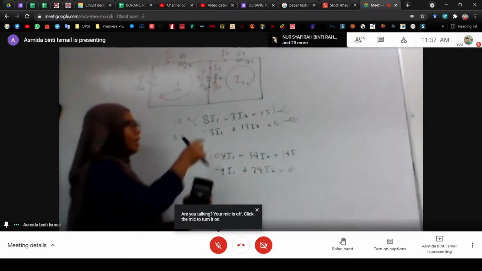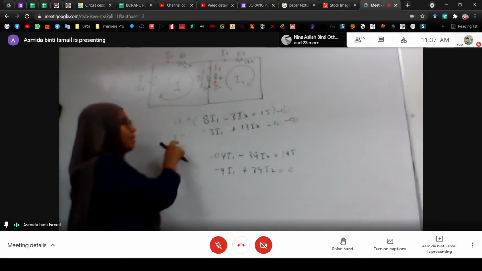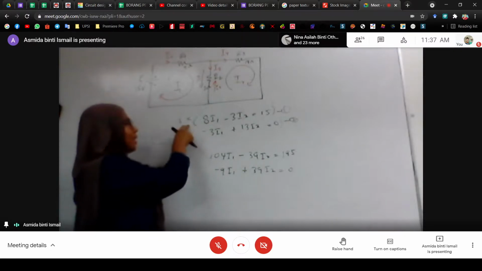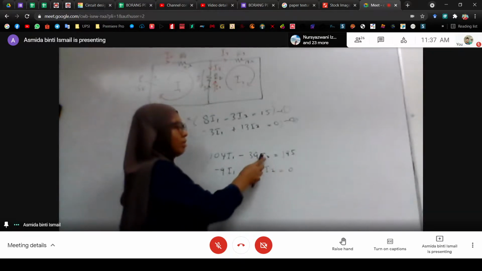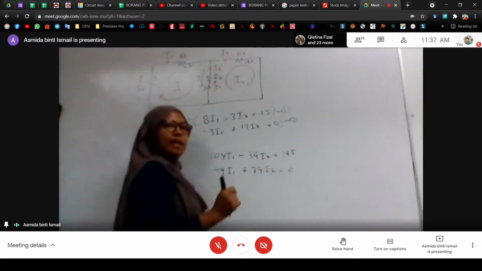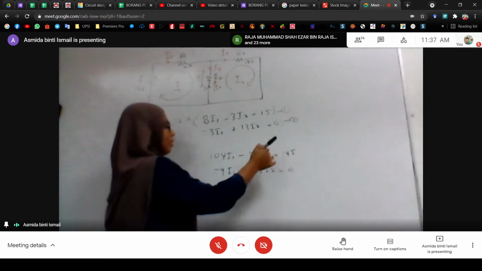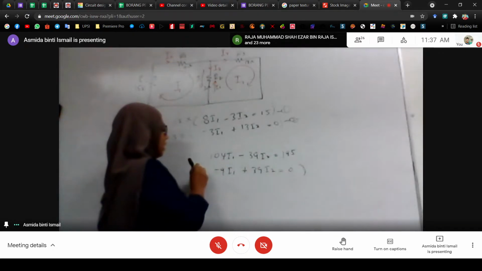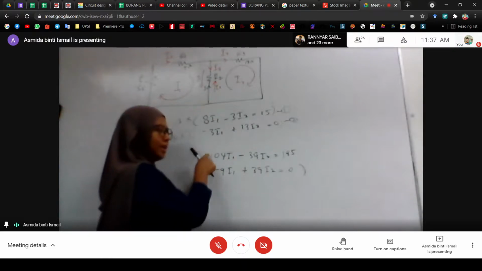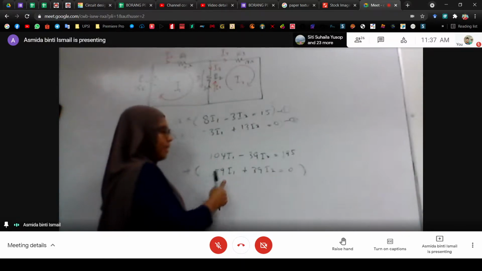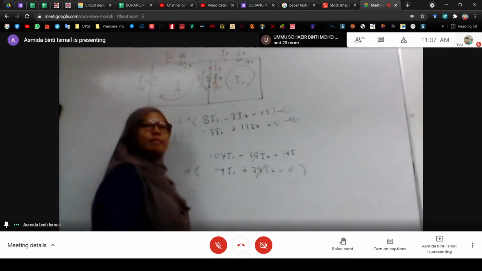So from this you got this, and then from this you got this. Why did I times by 3 and by 13? Because I want this I2 to have the same value, so that if we sum this equation and this equation, we can eliminate it.